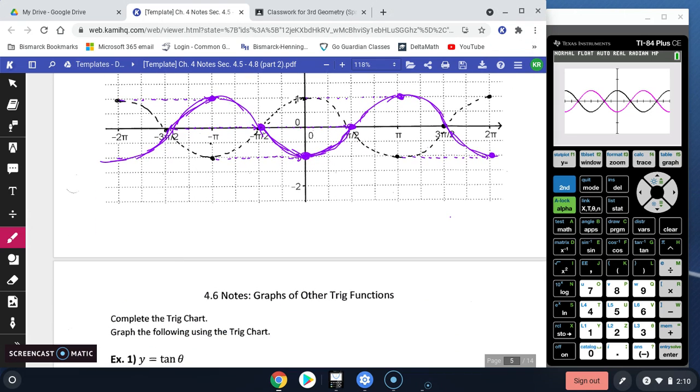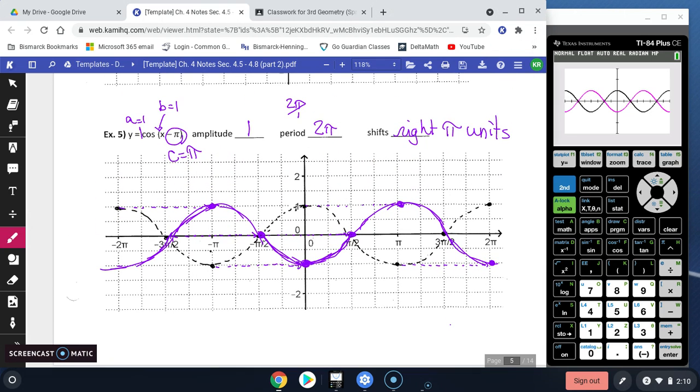Okay, now on Delta Math, when you are trying some of those problems, the scale on those is kind of weird. So it looks like a period for a graph might be something like 400, which looks different than what we've been doing, just kind of keeping it to like 2 pi or 4 pi. But remember that the value that sits in front of the x is going to affect the period.